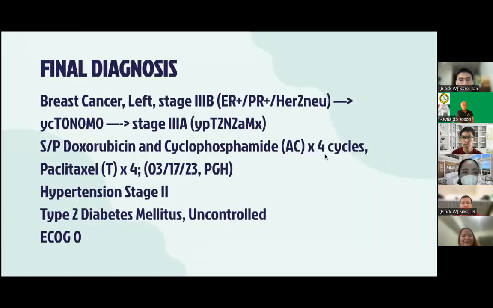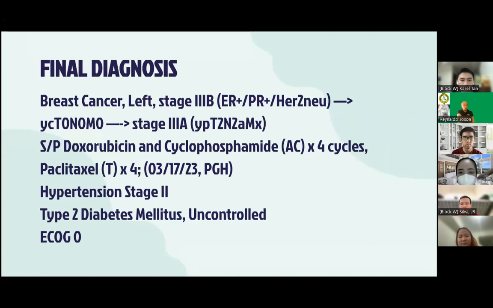So for the final diagnosis, our patient has breast cancer left, stage 3A, based on the latest histopathologic findings, T2 and 2AMX. Since the patient is still undergoing metastatic workup, we cannot identify pa po the M part of the staging po.